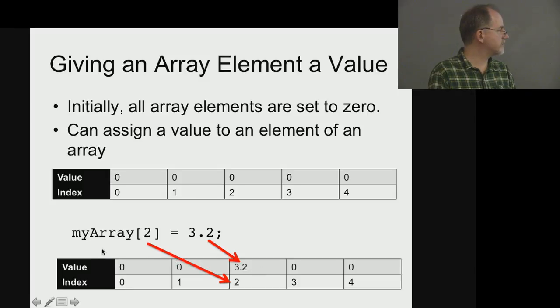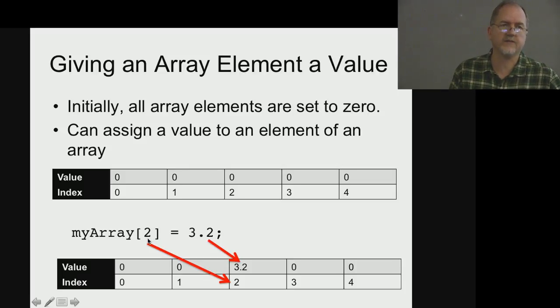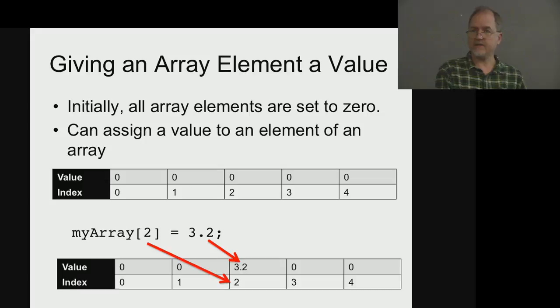Notice, once I've used this square bracket notation with an index in there, that acts just like a normal int variable in some sense. I can ask what value is stored in there, I can assign a value inside there, but instead of a different name for it, like value at 2, I just refer to it through that number. So it doesn't have a distinct variable name. It's just part of the array. But once you get that little square bracket in there, it acts like an individual int variable in some sense. So let's look at some code.